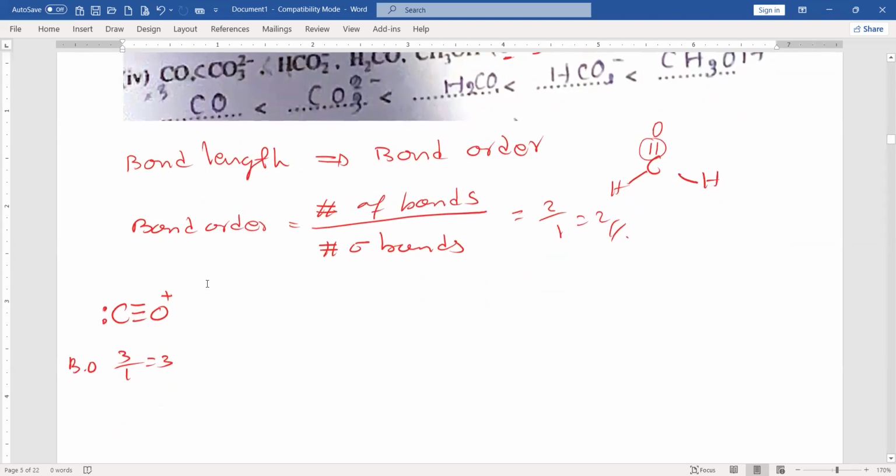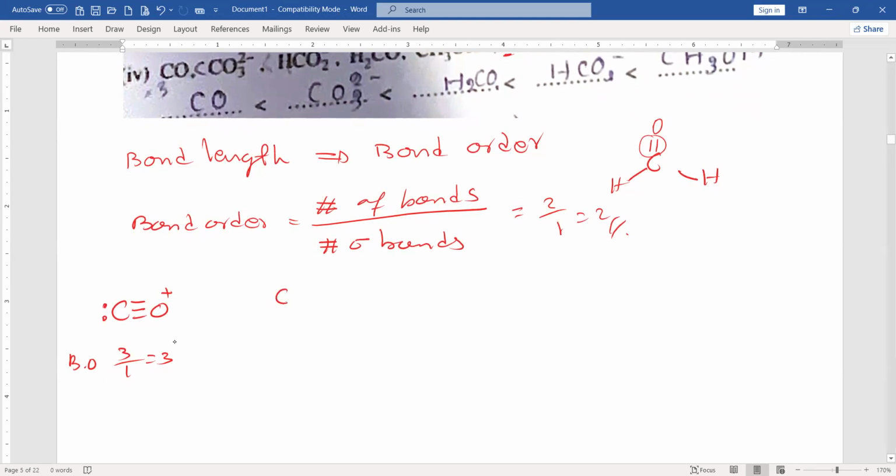Then carbonate ion, CO with O minus and O minus. We know that this is a double bond and these two are single bonds. Then single bonds may be much longer than the double bond. But anyway, when we find the bond order, now we have to consider all three oxygen atoms, right? All are connected to the carbon.